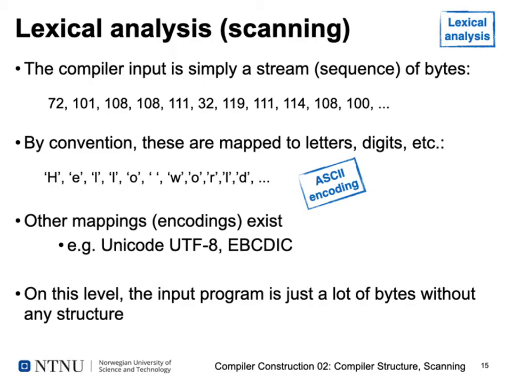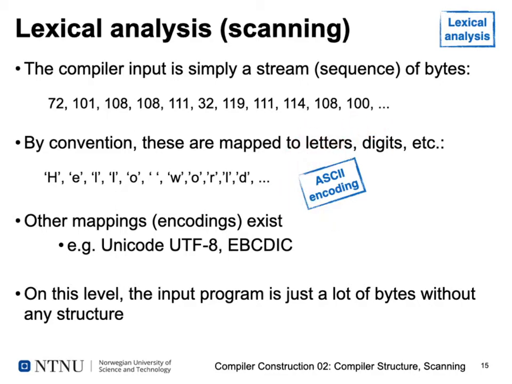If you have program source code written in an incompatible encoding like EBCDIC and you want to compile it using a compiler written for ASCII encoding, you would have to somehow change the encodings. But luckily, most of our computers today simply use ASCII, so we'll go with this.